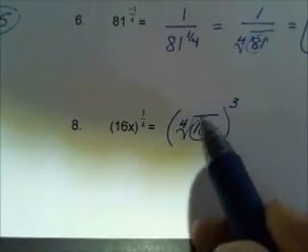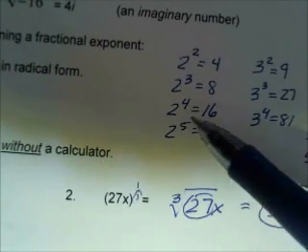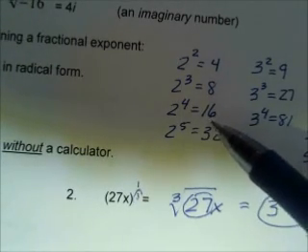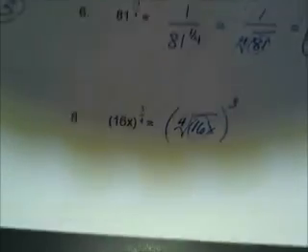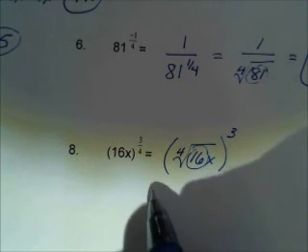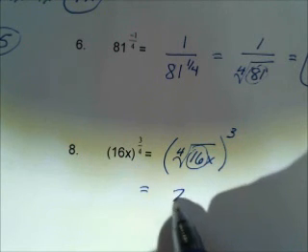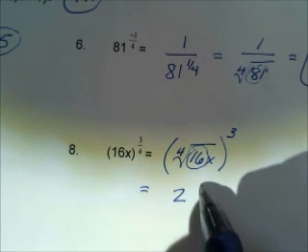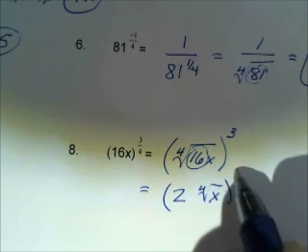What is the 4th root of 16? If you need to, look up above. 2 to the 4th is 16, so the 4th root of 16 is 2. So this is equal to 2. The 4th root of x stays, and then the whole thing is raised to the 3rd power.